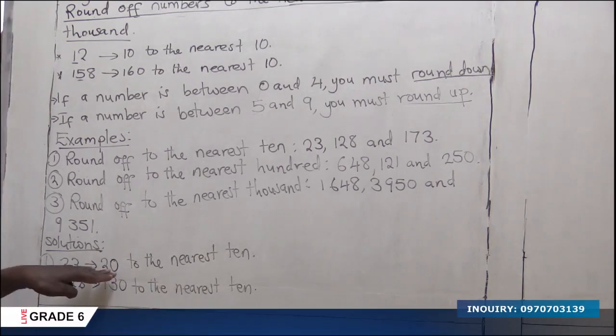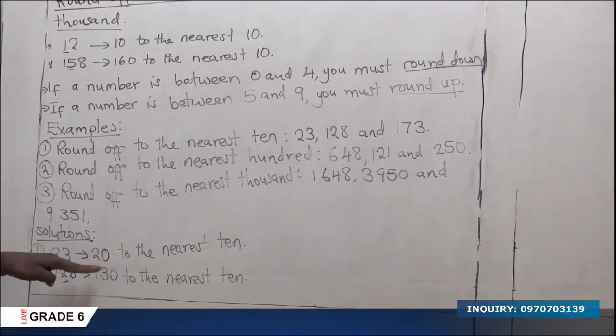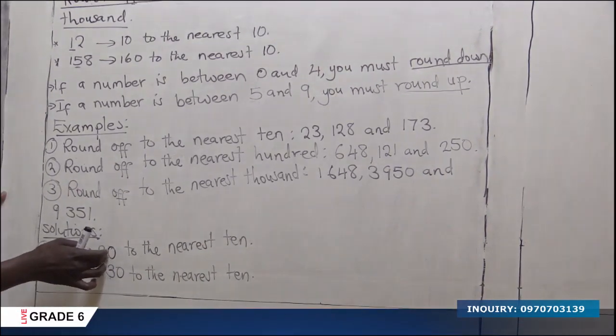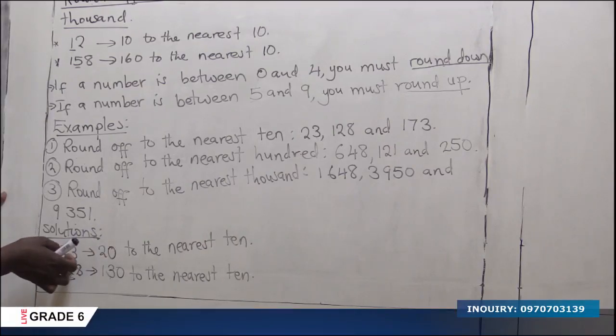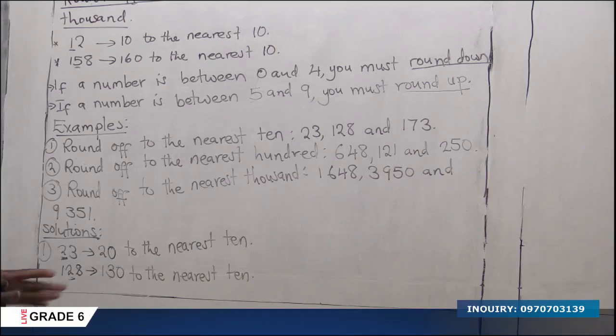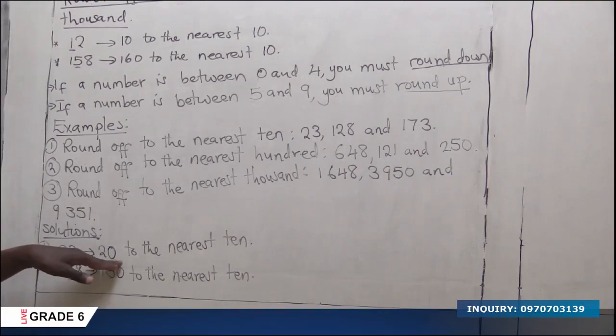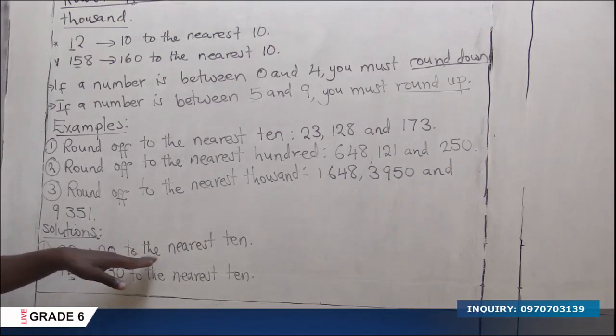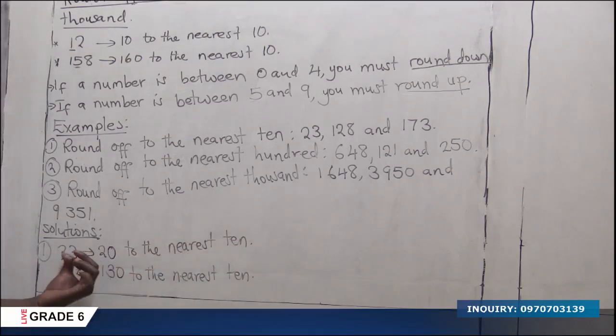The main reason we are writing 0 there is to show the place value. For example, here the 0 represents the 3, where we rounded down. And here we've also written 0 to show the place value for 8.